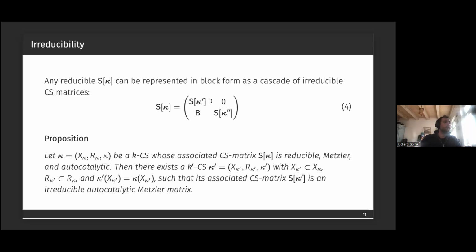And when this matrix is also Metzler and autocatalytic, then we can find a sub-child selection of the original child selection, such that the sub-child selection matrix in the upper left triangle is an irreducible autocatalytic Metzler child selection matrix. Okay.